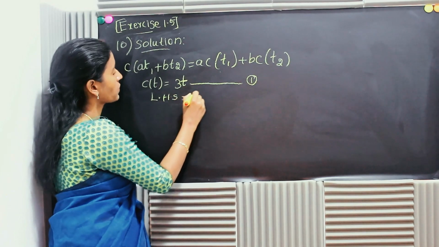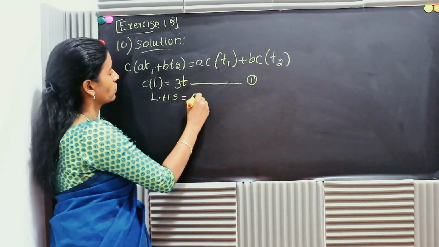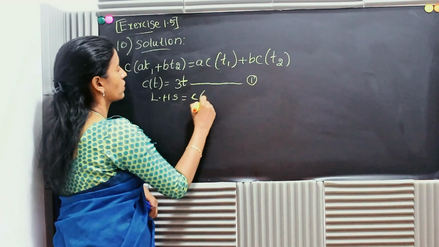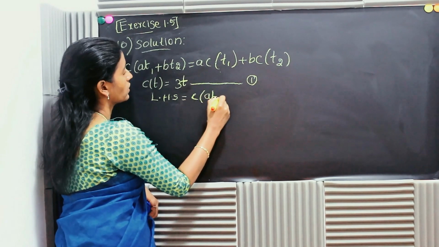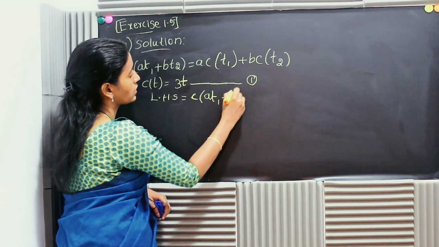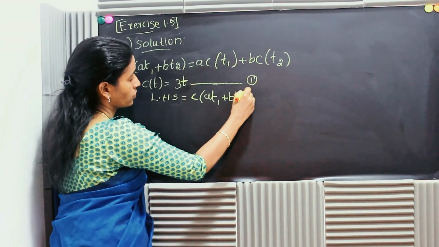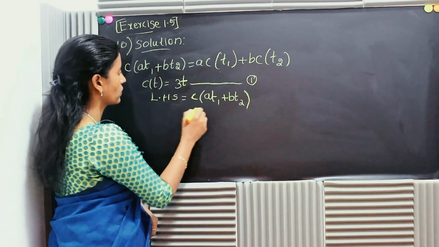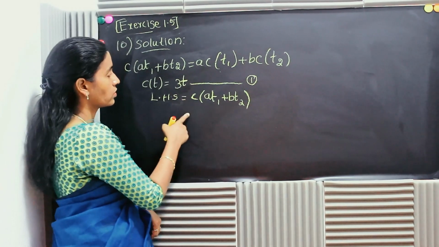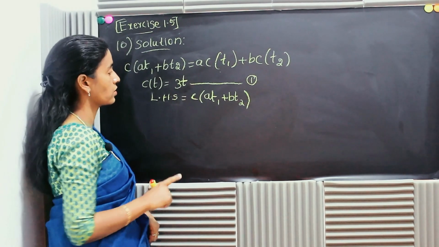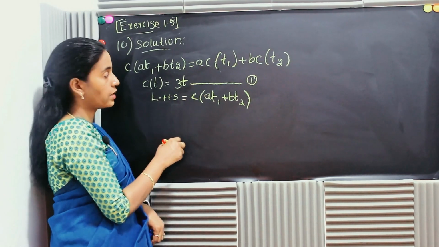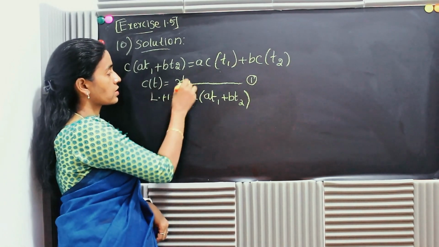LHS is C of a t1 plus b t2. So, this is LHS.